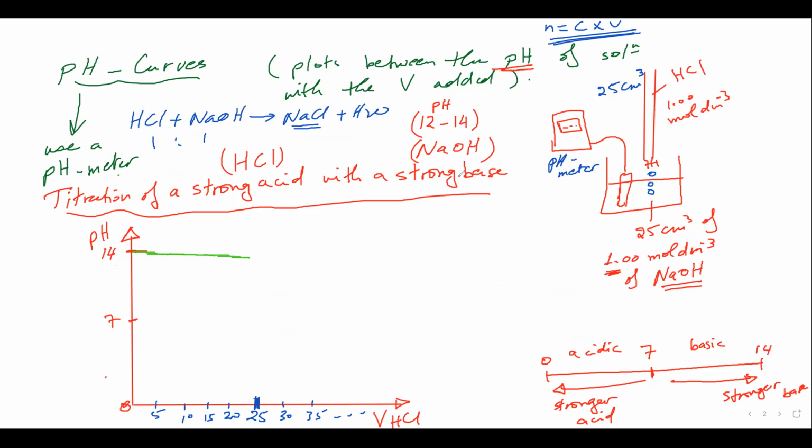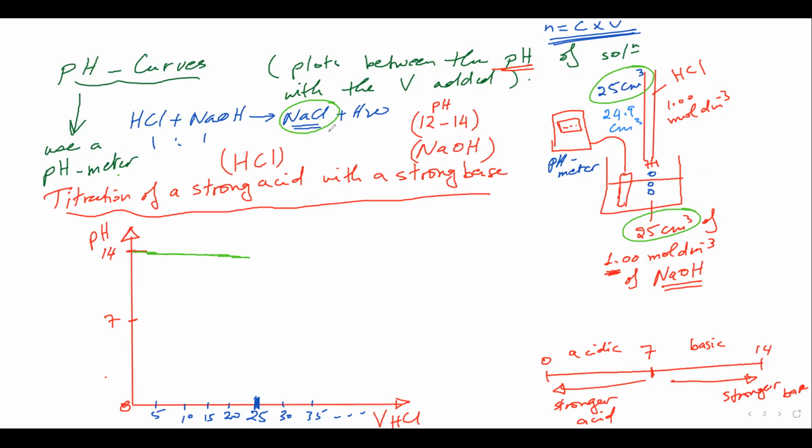You're welcome, dear. Until we add 24.9 centimeter cube of HCl, what will happen? We'll see a little bit of curvature here, because when you add 25 centimeter cube, the 25 centimeter cube of HCl completely neutralizes the 25 centimeter cube of sodium hydroxide, and this will form sodium chloride totally.